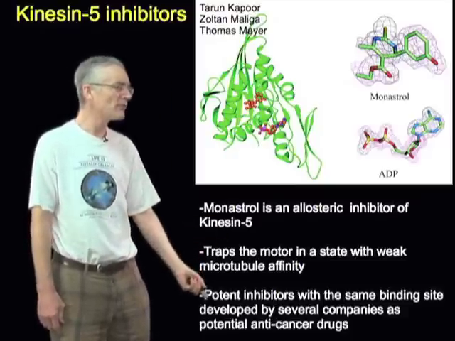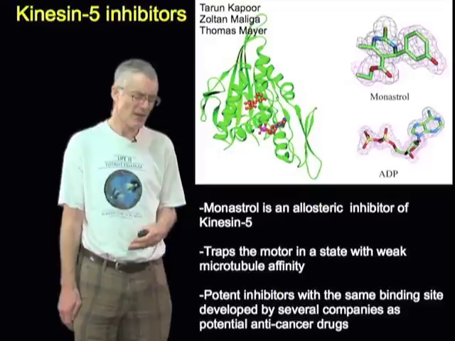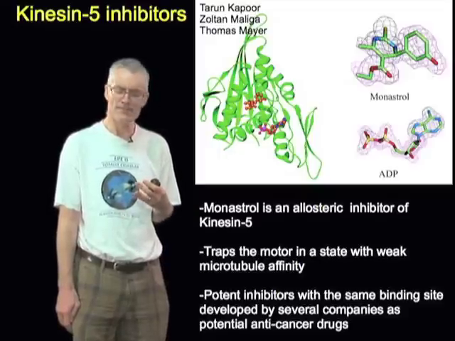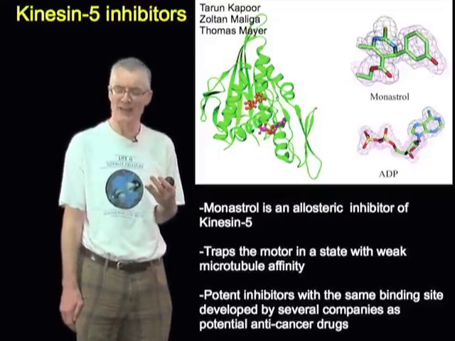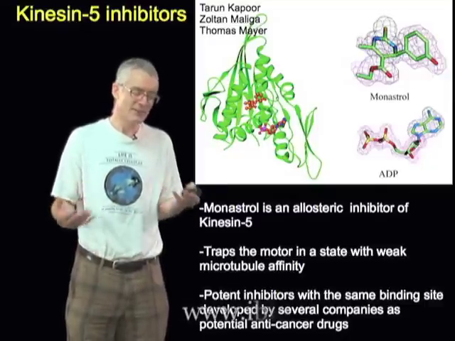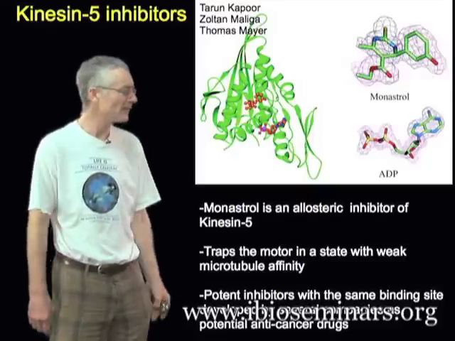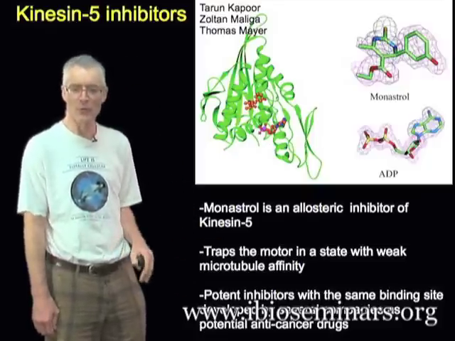Since then, much more potent and specific inhibitors have been developed by industry groups in the hope of their being useful for treatment of cancer patients. And that actually is a whole story. Our kinesin 5 inhibitors have not been successful yet in treating cancer, and why is that, I think, is an interesting story that I'm not going to talk about today.